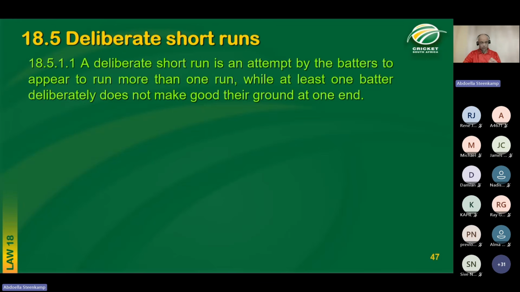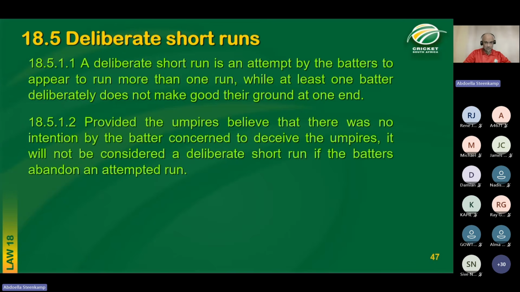So they turn for a second, or they can turn for a third. Let's use they turn for a second, and at least one of those batters deliberately didn't make good the ground. They turned for a second and deliberately turned. The law sees that as a deliberate short run. The law also guides us and tells us, umpires, you need to decide whether you think the run is deliberate or not.